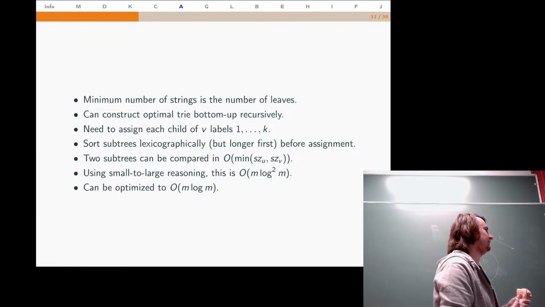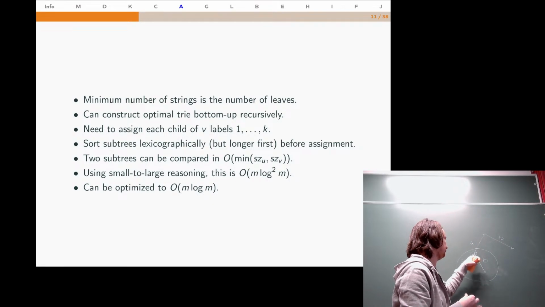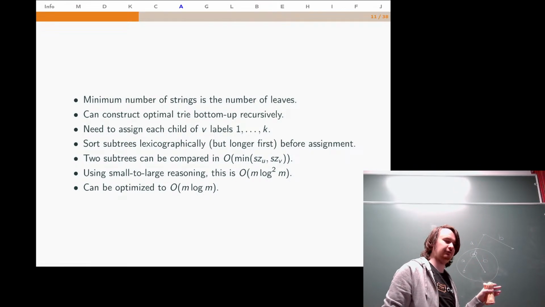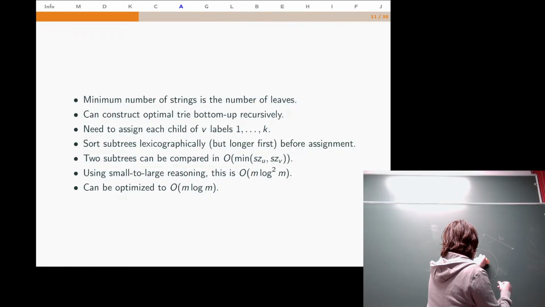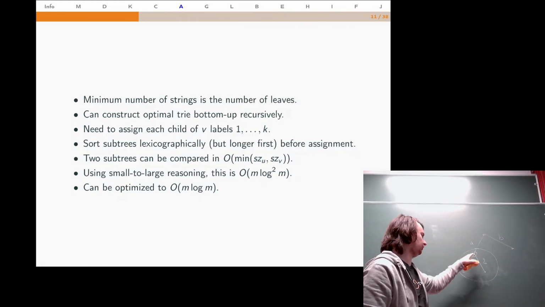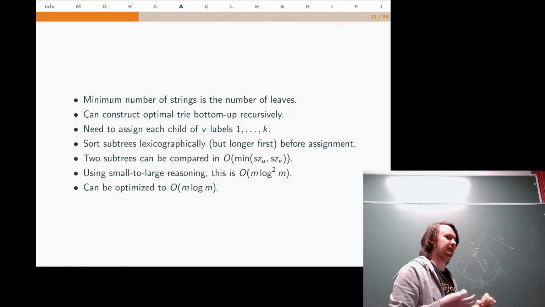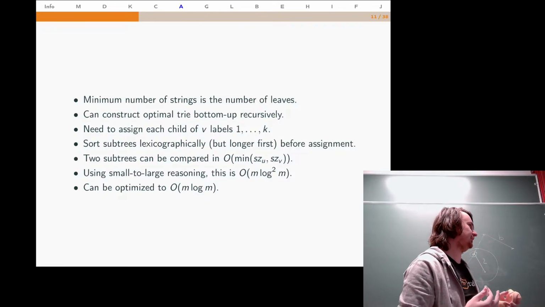So in other words, we do it recursively, and after we return from the children of some specific node v, we essentially just need to assign labels from 1 to k to the children of this node in such a manner that the resulting set of sequences is also lexicographically smallest.